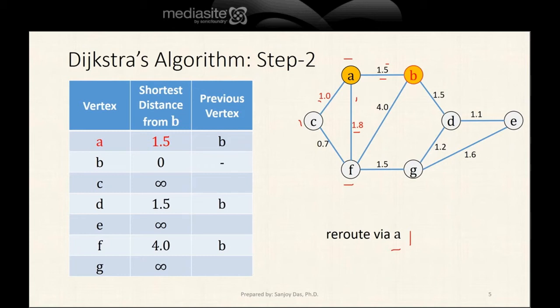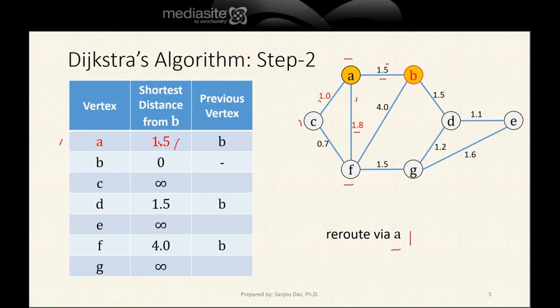Now, in order to reroute any path through A, I will obviously have to enter B, and the shortest path to B is 1.5. So I will have to use this 1.5 to get to A. So I've colored this 1.5 red also. Now let's see.